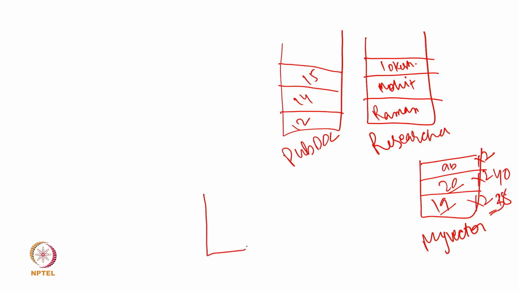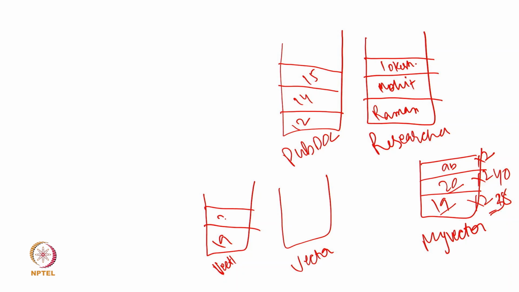We have created one vector here, vector 1, and another here, vector 2: 19 20 21 and 2 3 4.